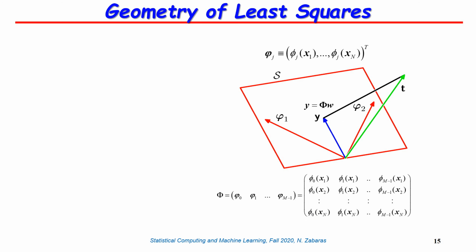Let me just say a few words about the geometry of least squares. I know this may sound too basic for a machine learning course, but since we have already spent 2 lectures talking about least squares problems, I think it only makes sense to review these things.